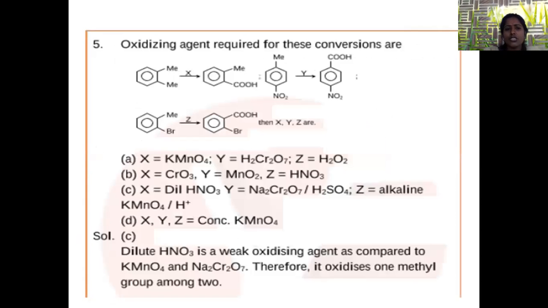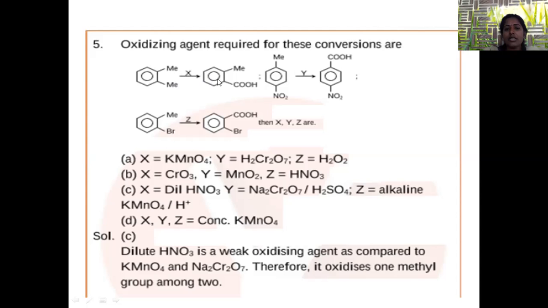The next question: the oxidizing agent required for the following conversion. When we take ortho-methyl toluene and subject it to oxidation, ortho-methyl benzoic acid is formed. When we take a weak or mild oxidizing agent, only selective oxidation of one methyl group is possible.